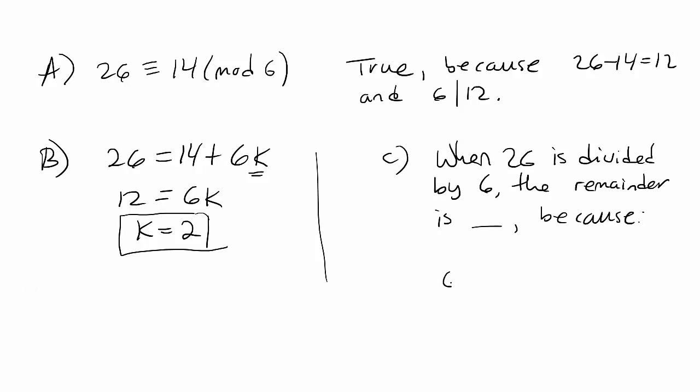I can do the long division. If I have 26 divided by 6, this would be 4. 4 times 6 is 24. The remainder I get is 2. So 2 is the remainder, so I'll fill in that blank. You could also write down that 26 is equal to 6 times 4 plus 2. There's your remainder, plus 2.